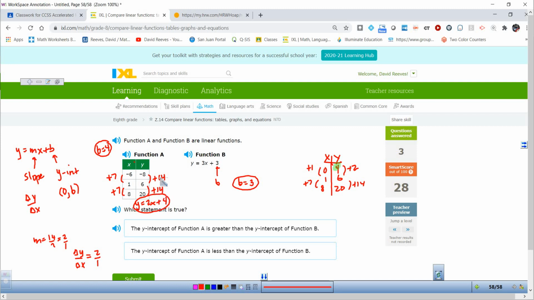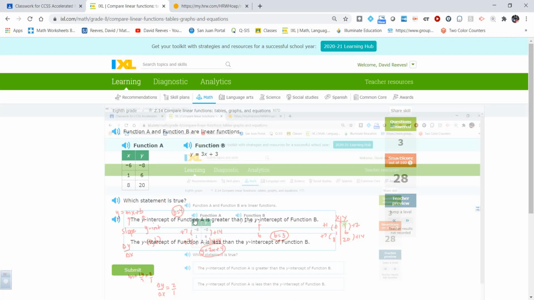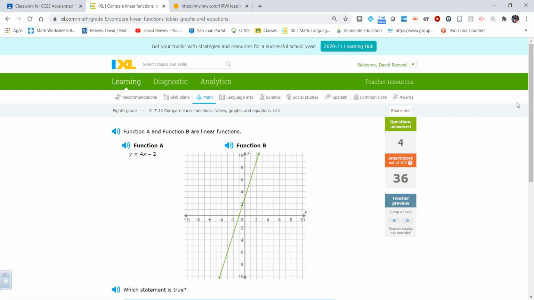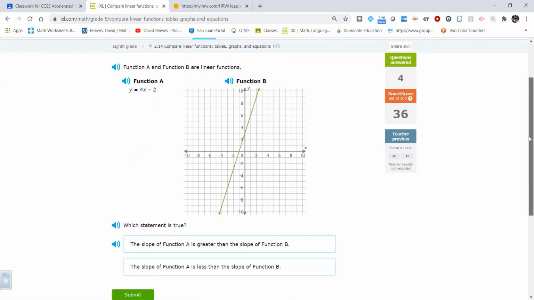If you did not, go back and watch it, because that's probably the most challenging thing that we're doing, finding the equation from the table when it's not just a straight multiple or sum. So the y-intercept on A was 4. The y-intercept on B was 3. So A has the greater y-intercept.